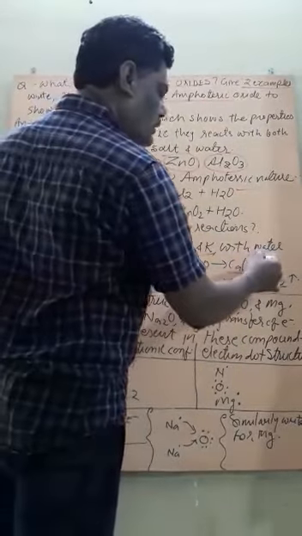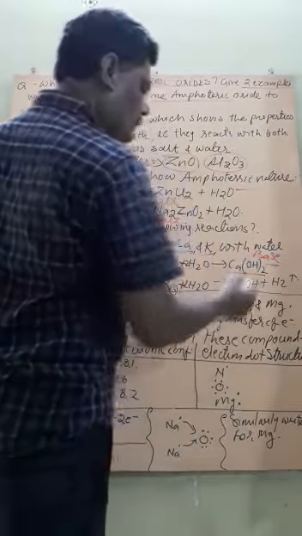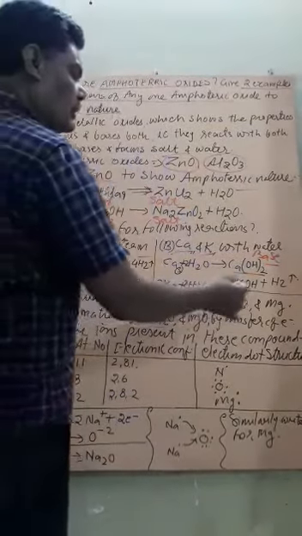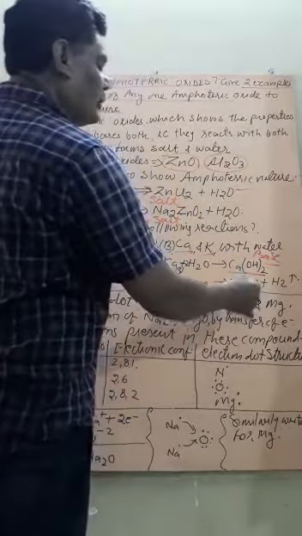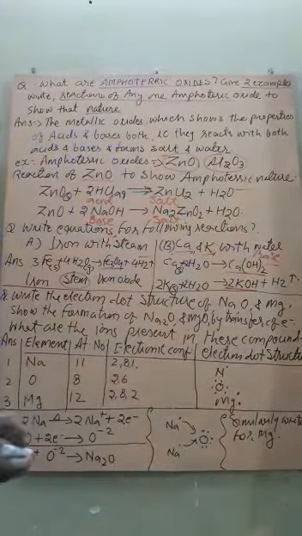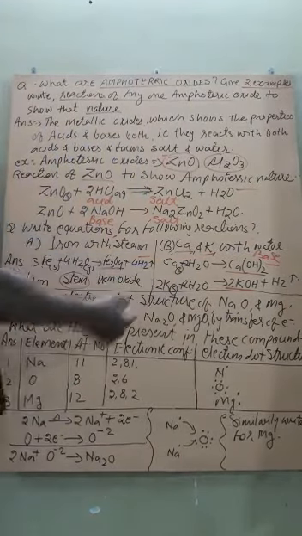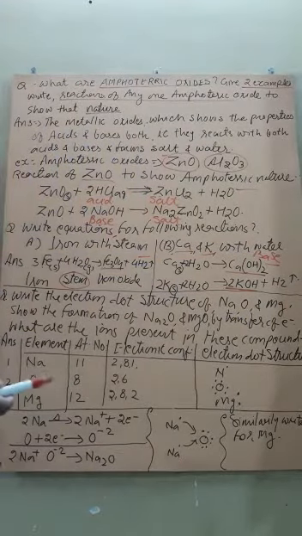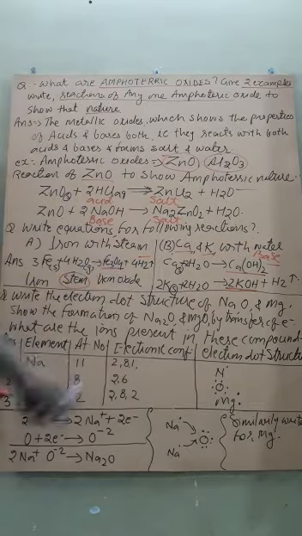Bases. Similarly potassium reacts with water and forms potassium hydroxide, which is also known as a base. This is the characteristic of metals, that metals react with water and form bases.